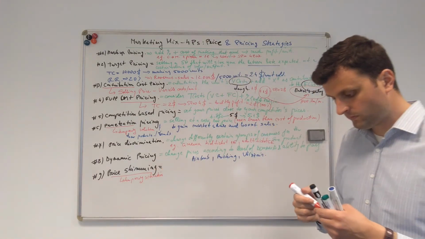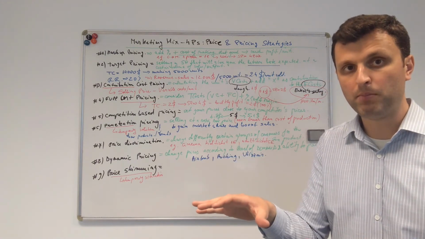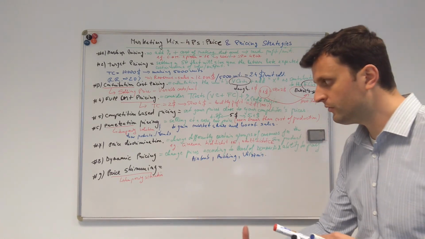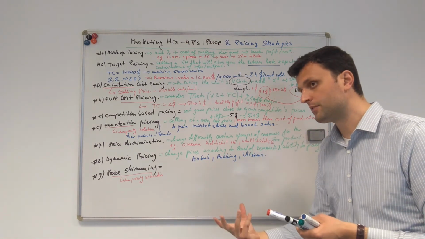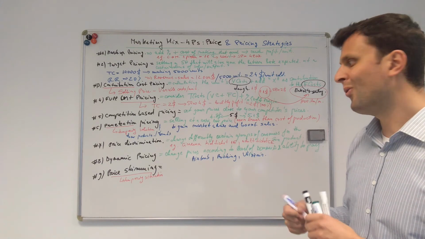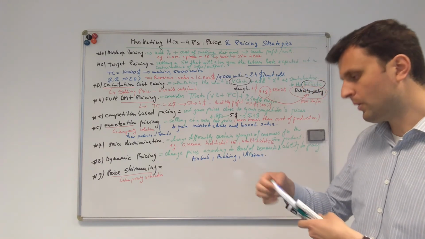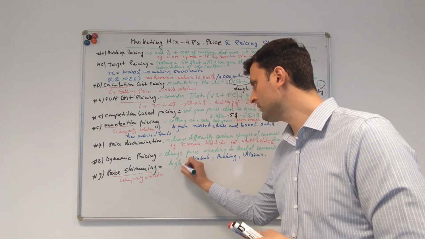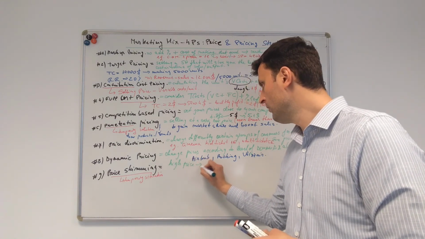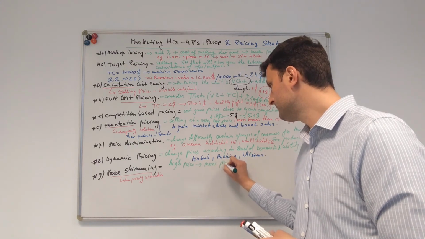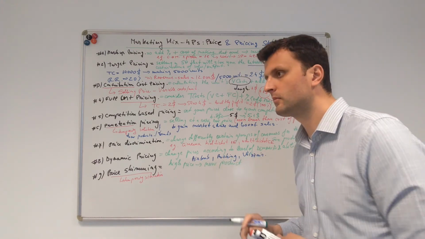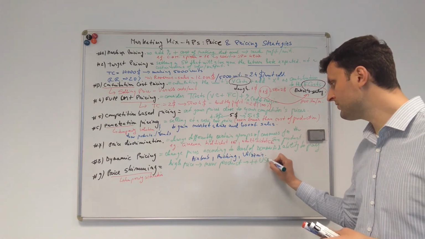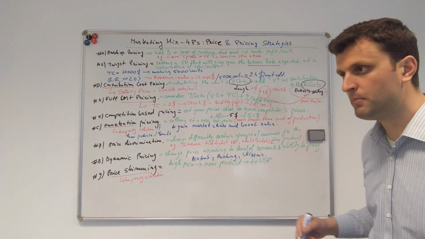Well, this is highly characteristic of Apple products, because they are perceived as premium products. So what you do when you practice price skimming is you set a high price for a new product, because it has a very strong unique selling proposition, or unique selling point.